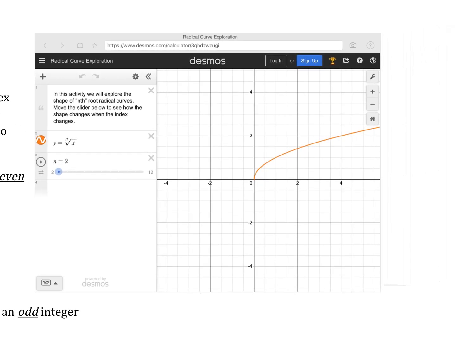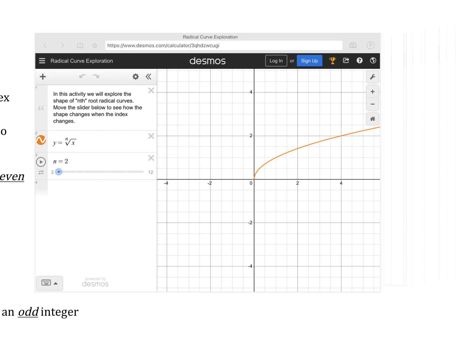So if you're using the handout, there's a QR code if you want to go there. You want to get this picture here, this graph set up, or you can just go to desmos.com/calculator, or choose a graphing calculator from Desmos there, and you can just type this in.